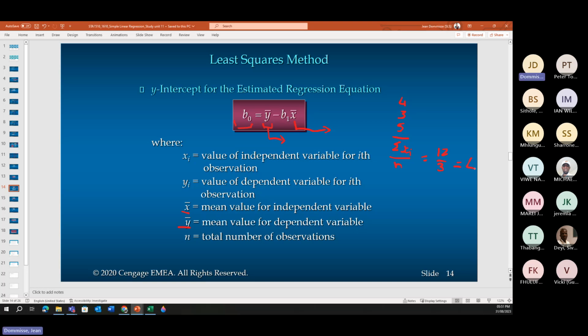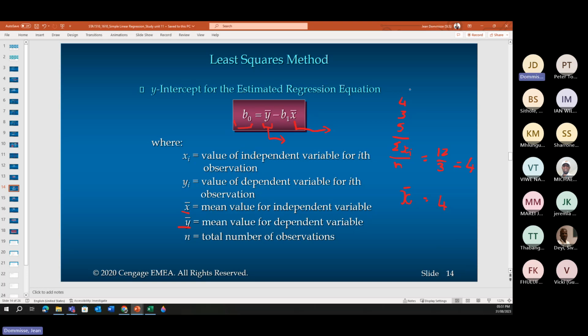So the mean would have been 4. So if we wrote it down, the mean would have been 4. So remember way back in study unit 3, where we actually calculated the mean, exactly the same. Now we just have 2 points.